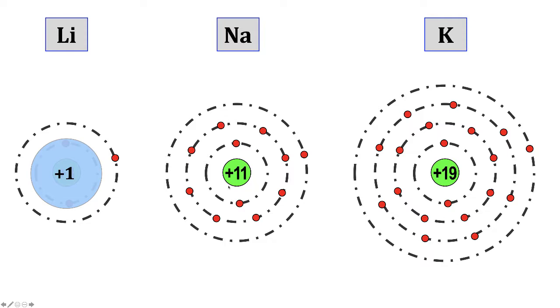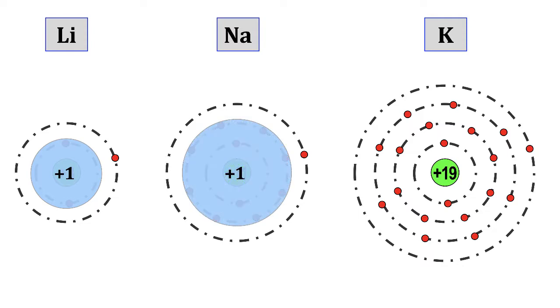For sodium, we have a positive 11 due to the nucleus, surrounded by 2 plus 8, which is 10 inner shell electrons, which of course are negative, and 11 minus 10 gives us also a plus 1 charge for the effective nuclear charge for sodium, with the nucleus surrounded by 2 inner shells of electrons shielding the nuclear charge from the outer shell electron.